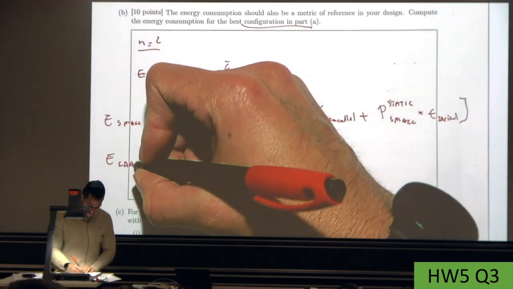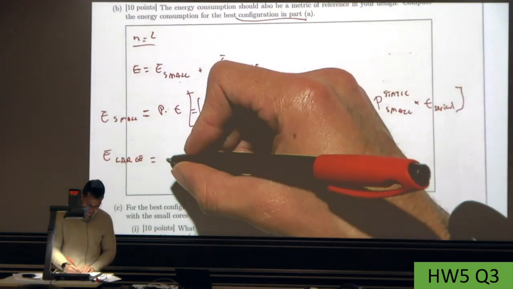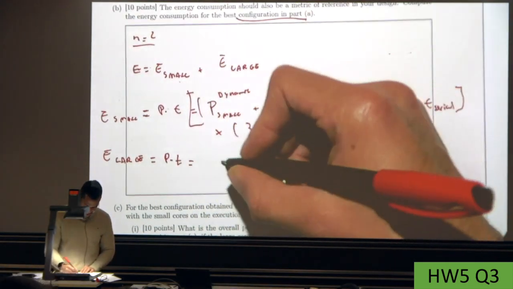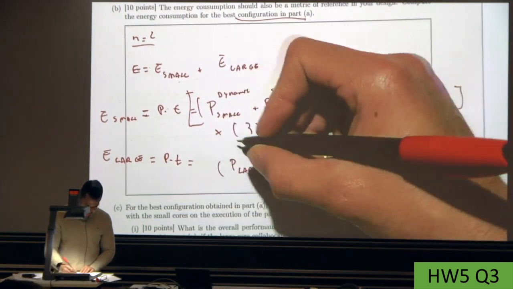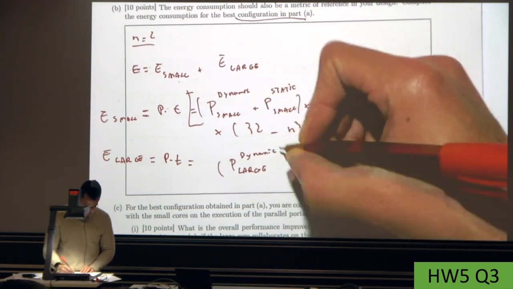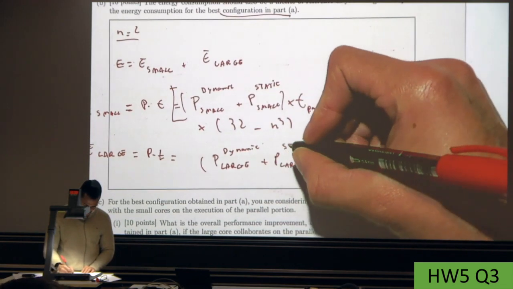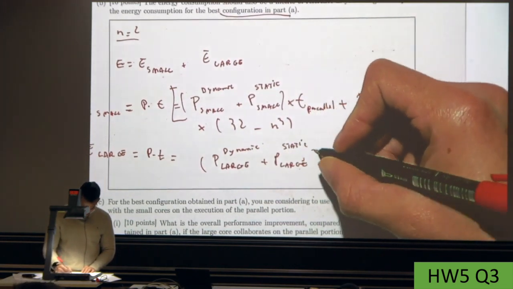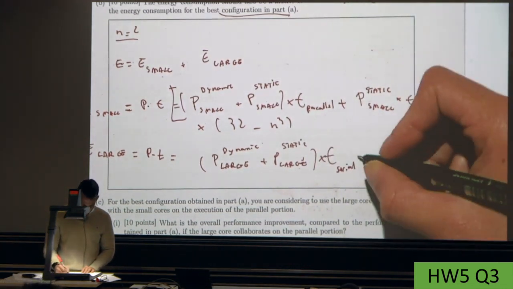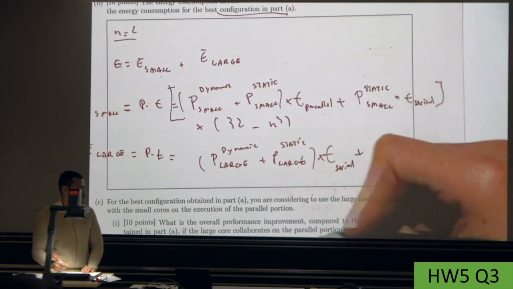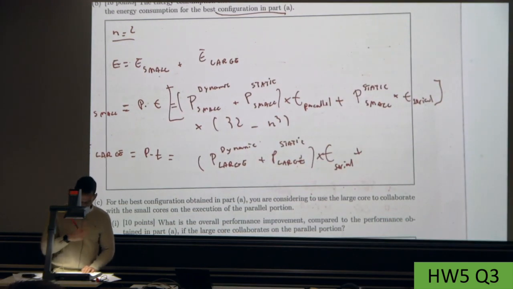For the larger core, we have exactly the same equation. You have power times time: the dynamic power for the large core plus the static power for the large core, times the time to run the serial part. And similar to what I did here, we also have to consider the static power while this core is not doing computation but the parallel part is being executed.